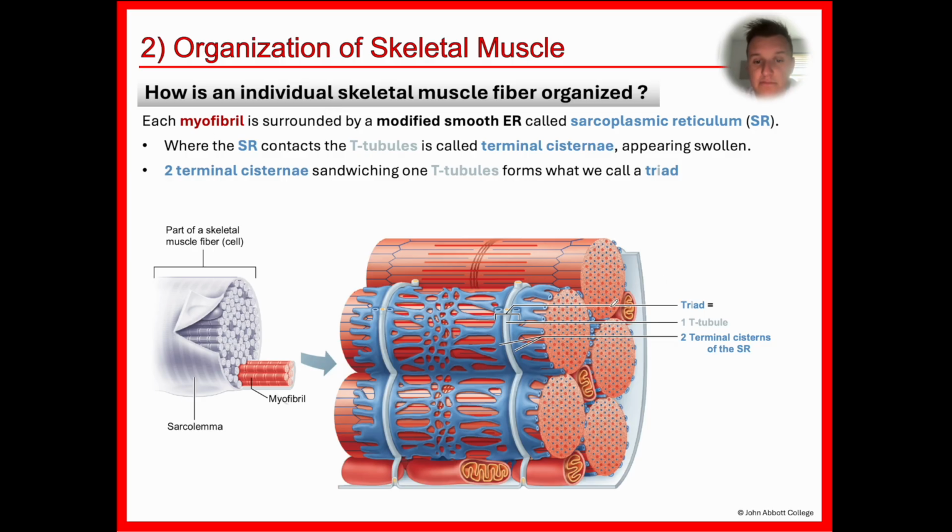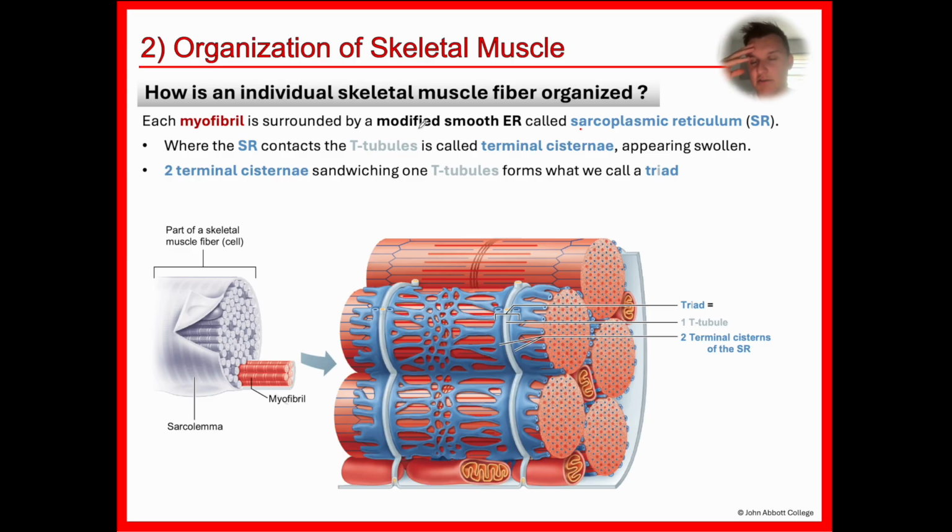Each myofibril is surrounded by a modified smooth ER. Remember, cells have nuclei, we saw those. They have mitochondria, we saw those. And in muscle cells, you have smooth ER, as we had seen, but in this case, it's modified a bit. I want you to remember what smooth ER was for. We saw that one of the functions of smooth ER was to produce some lipids, right?